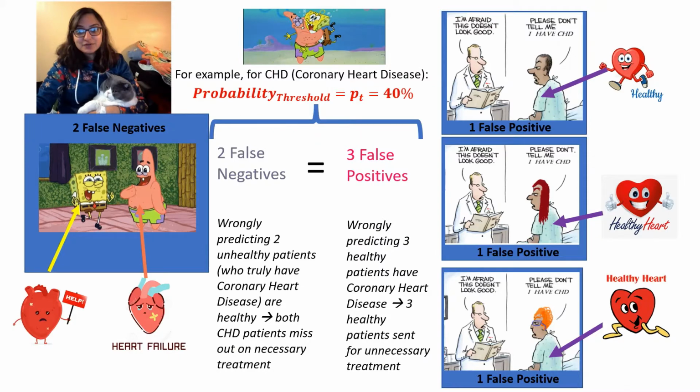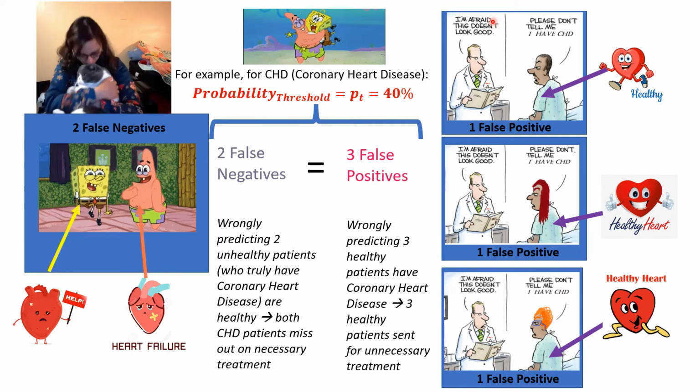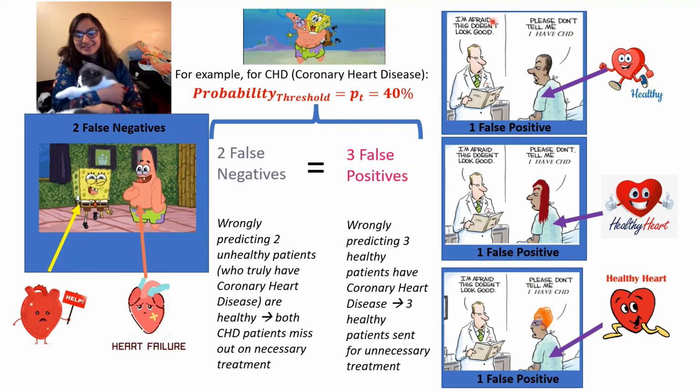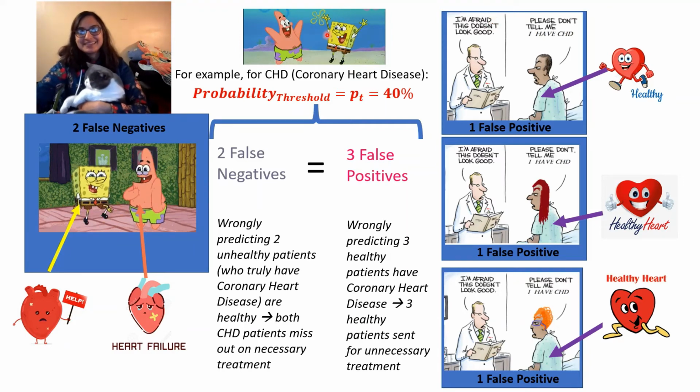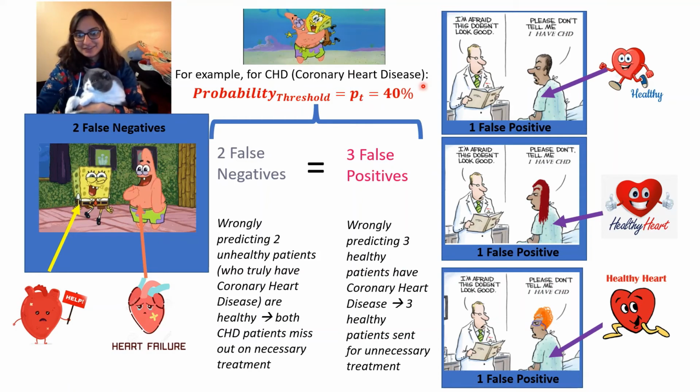And I have shown this visually here, with this cute little example with Patrick hugging SpongeBob, best friends here. So let's again just visualize what coronary heart disease means here at the threshold probability of 40%. This could be any disease, but here, for coronary heart disease, we're just going to focus on this situation. So again, we just found out that for the probability threshold of 40%, essentially 2 false negatives is equal to 3 false positives.